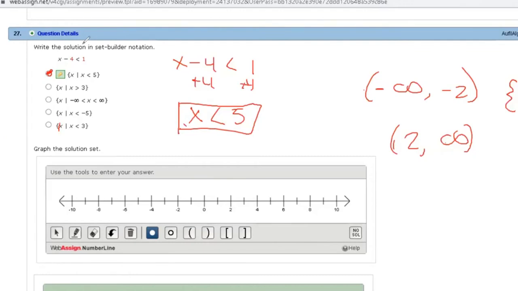So when we graph it, in WebAssign, the way that we graph this, we will put an open circle or a parenthesis. So let's do an open circle at 5.